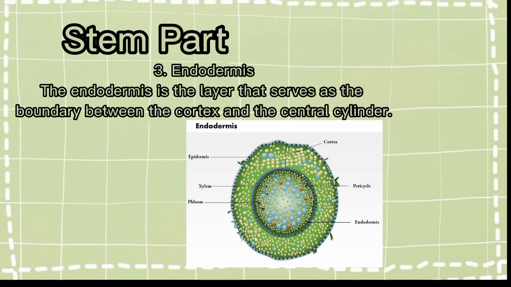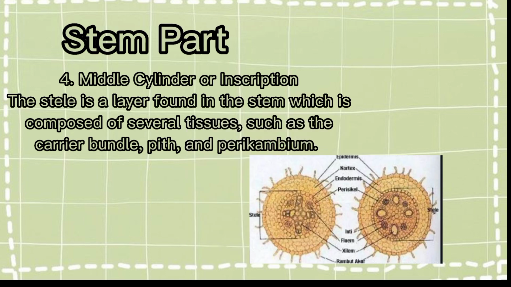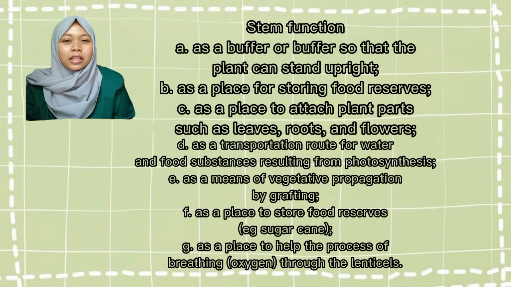Endodermis. The endodermis is the layer that serves as the boundary between the cortex and the central cylinder. 4. Middle cylinder or stele. This is a layer found in the stem which is composed of several tissues such as the carrier bundle, pith, and pericambium.